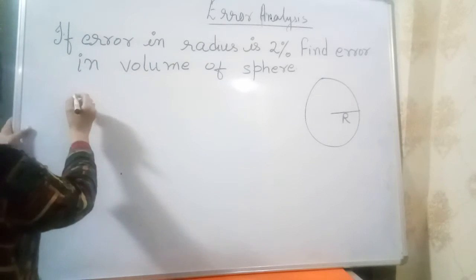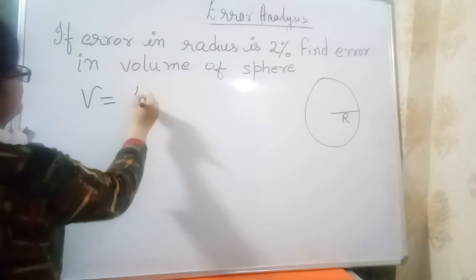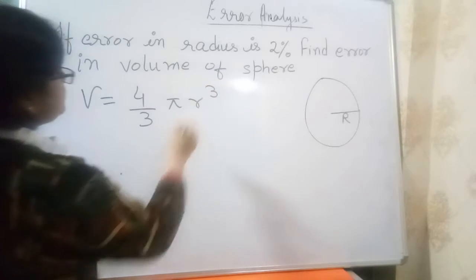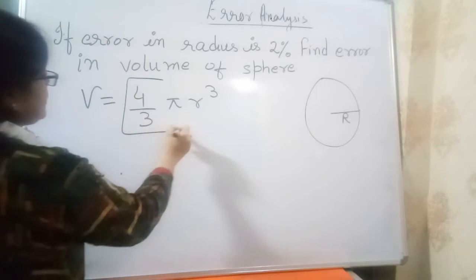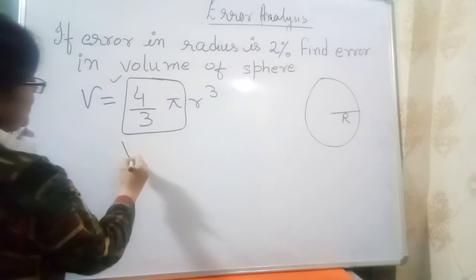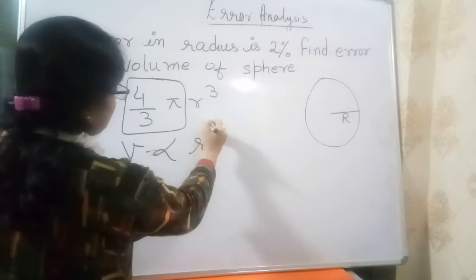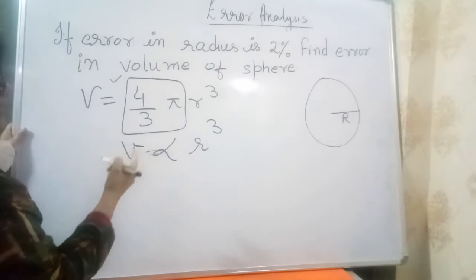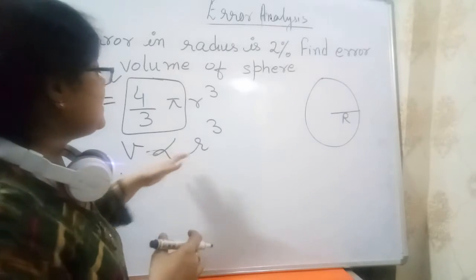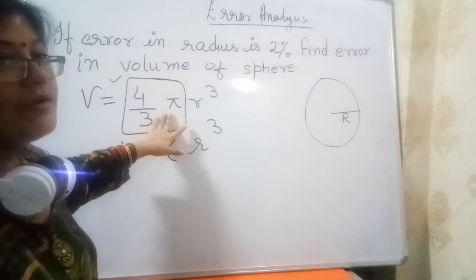So here we have to write the formula for the volume of a sphere, which is 4 upon 3 pi r cube. Now 4 upon 3 pi are constant quantities, so leave them. So volume depends upon r cube. That means error is always found for the variables, not the constant quantities.